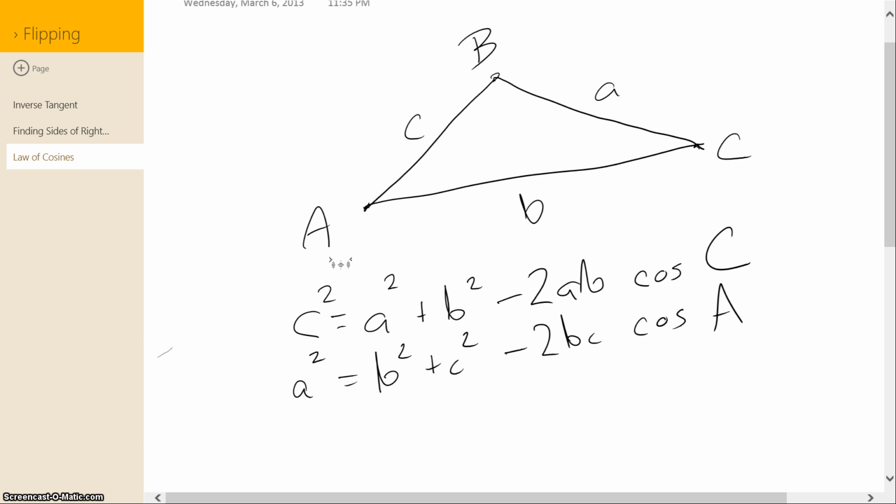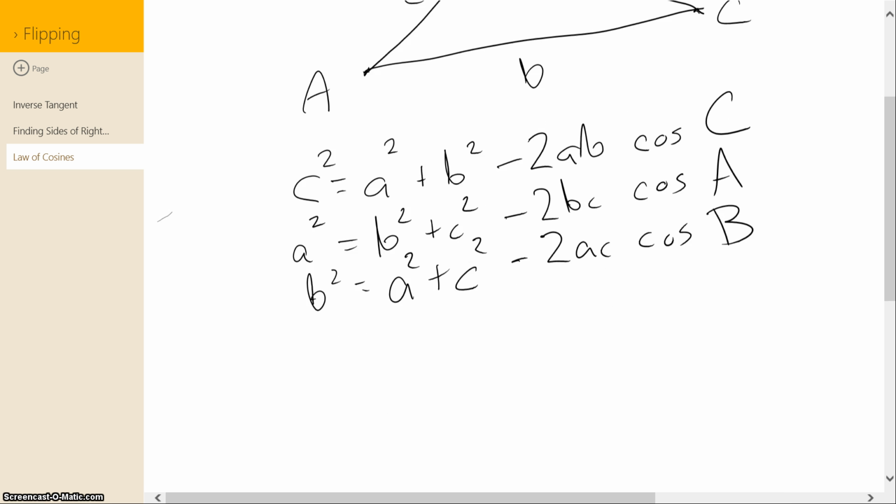Big A. Same thing with b squared. B squared is just going to be a squared plus c squared, minus 2ac cosine of what? Of big B.